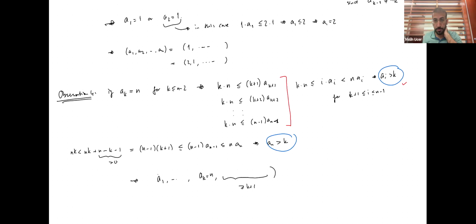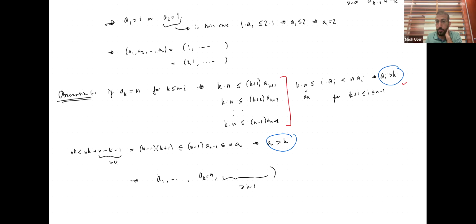For when i is any entry except the last one. So when i is from k plus 1 up to n minus 1, we can write the inequality like this: i times a_i is greater than or equal to k times a_k, which is n.